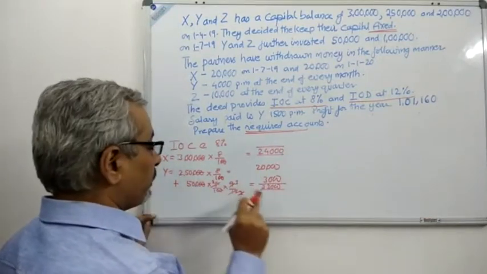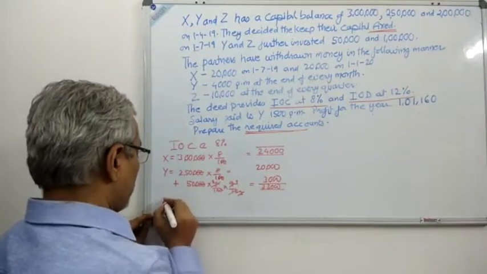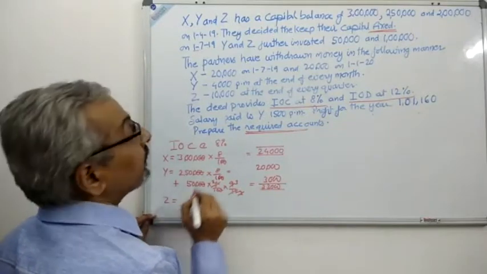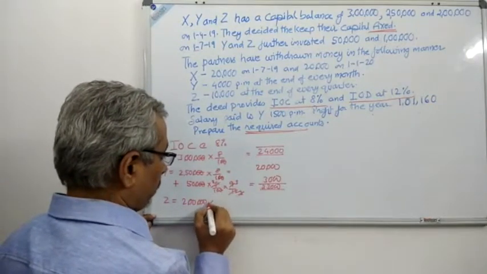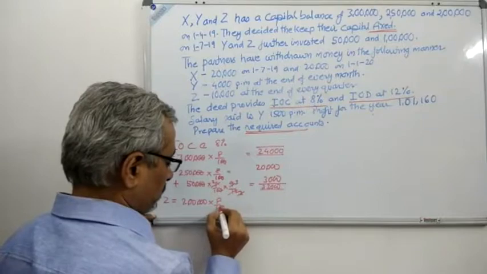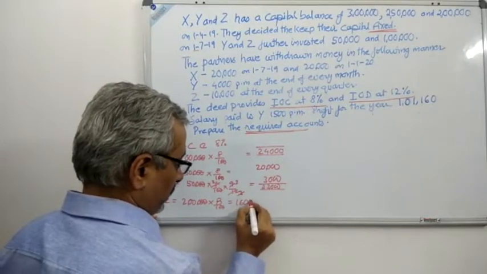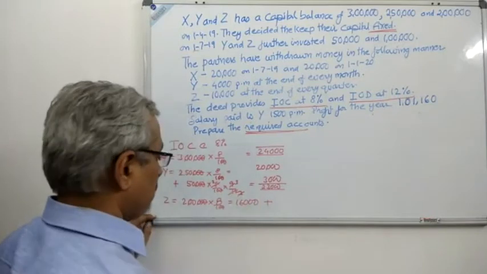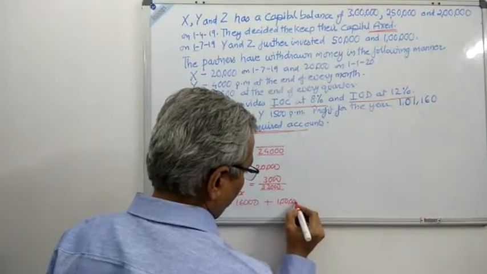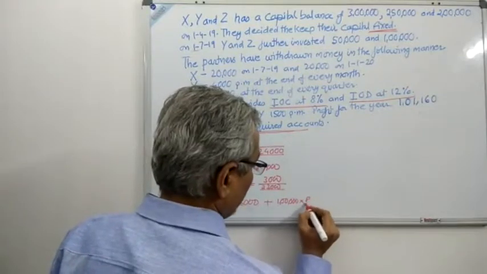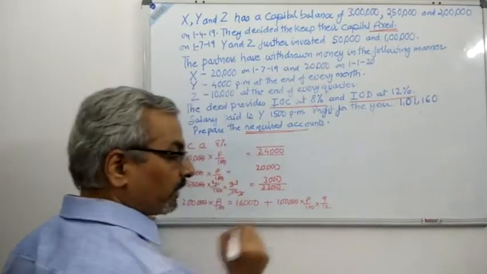The interest on capital for the second partner Y is 23,000. And let us see what is the interest on capital of Z. Z over here you can see 2 lakh for the whole year. That gives you 16,000 plus we have 1 lakh into 8 by 100 into 9 by 12, for 9 months.